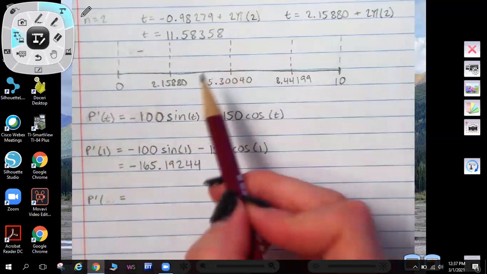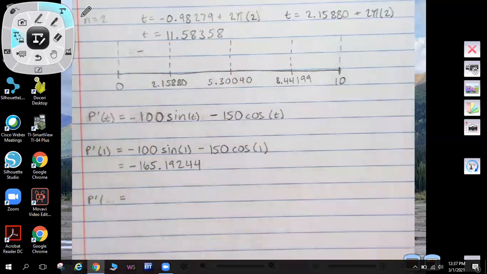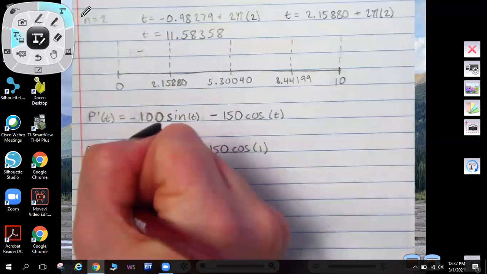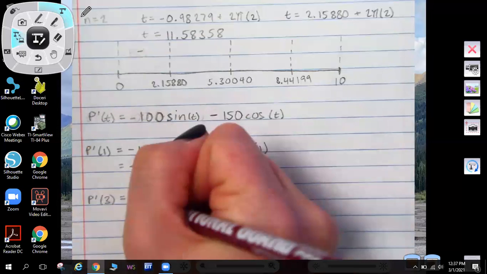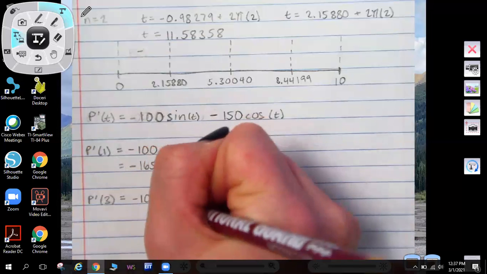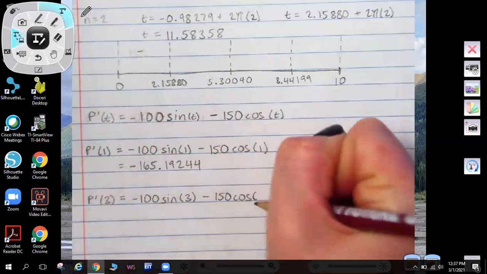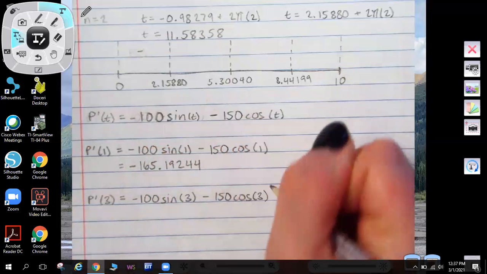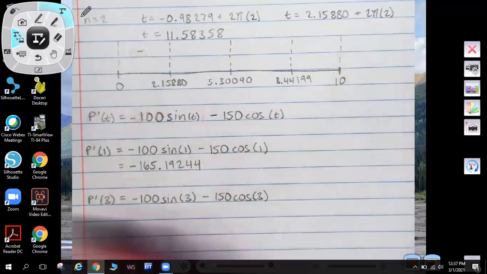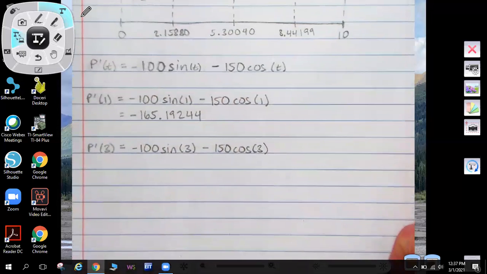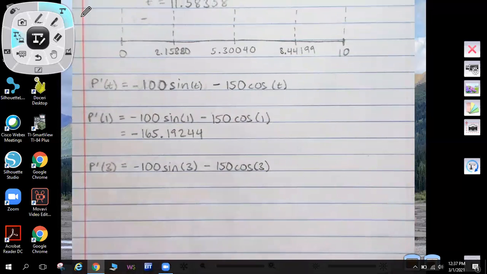Wow. Okay, let's choose a number in this next interval. Just continuing on. How about 3? Negative 100 sine of 3 minus 150 cosine of 3.